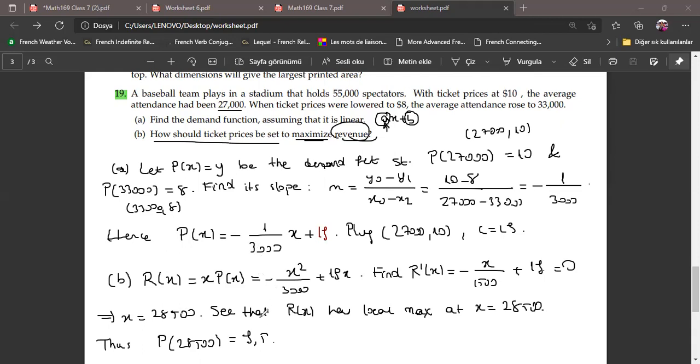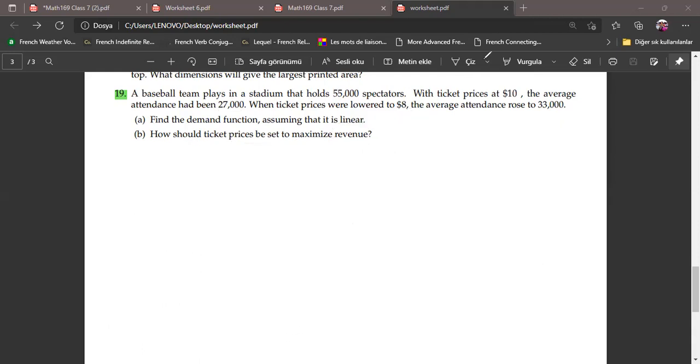So we need to find the ticket price. If we have this many people, we already know the price function, so we just plug it in here and get the price for the ticket. So we're done with this worksheet.